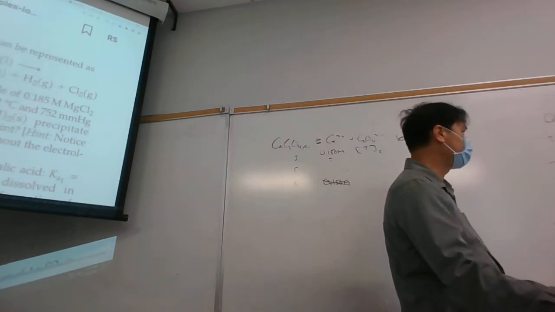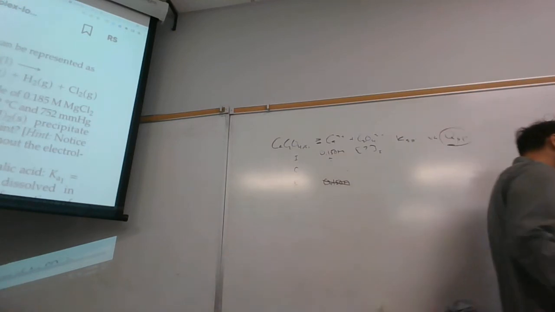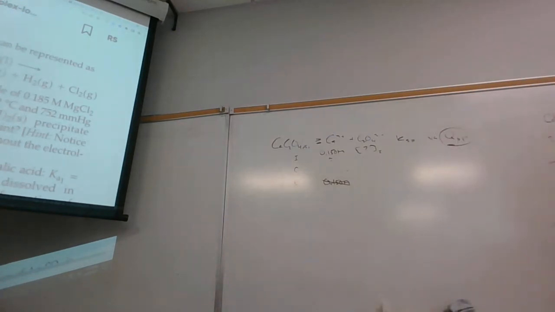Right, we could do an ICE table with this. And then we could also figure out this. They said, what is the maximum pH that we can sustain this concentration of cadmium? So we're going to have a cadmium 2 plus concentration that we want to sustain. What was that cadmium 2 plus concentration?